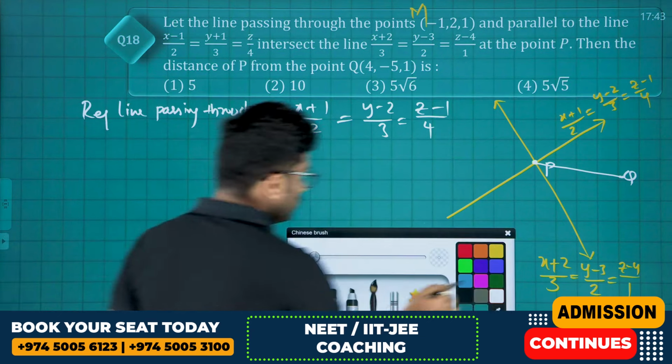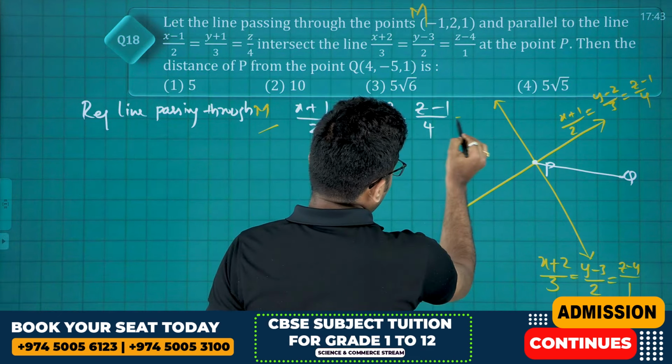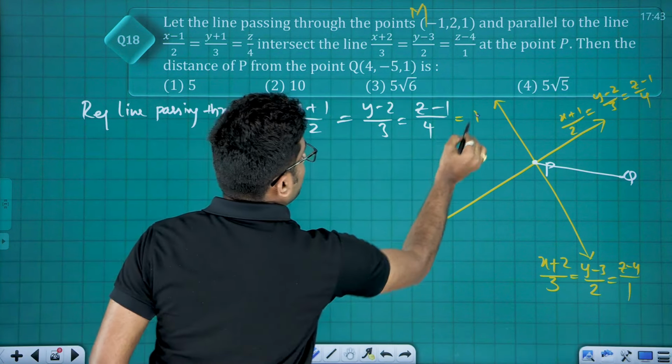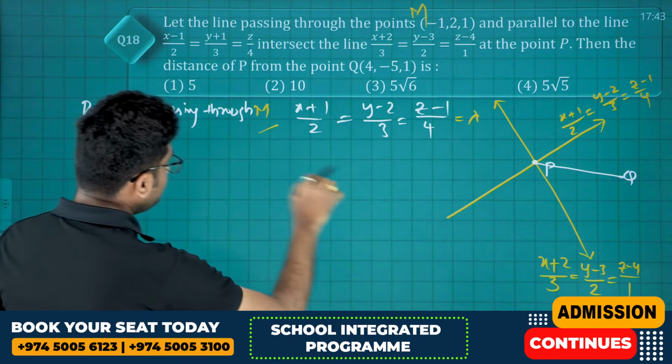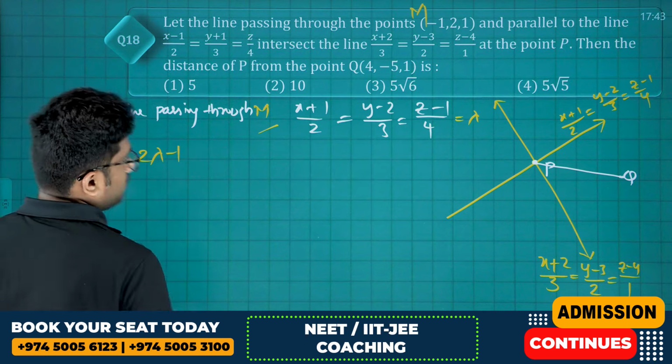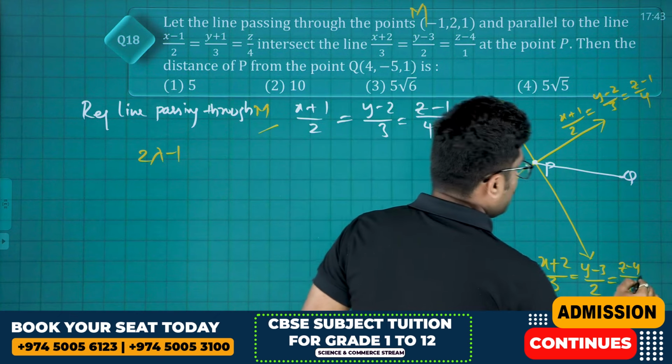First, for that, what do we do? Take this as some lambda, so the coordinates are 2 lambda minus 1, and take the other as some mu.